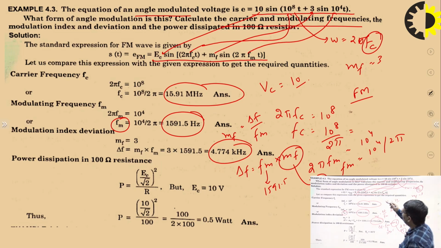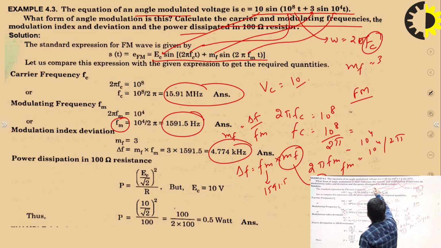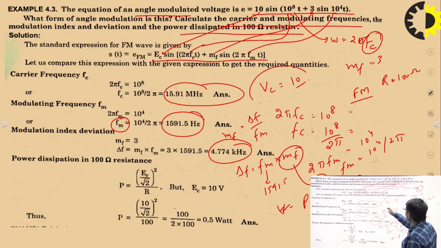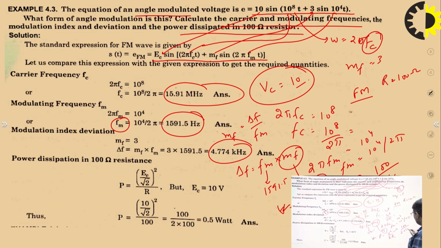So again, in the end, what we have to calculate is the power dissipated across the 100 ohm resistance. R is given as 100 ohm. We know that average power P equals V square by 2 into R. This V magnitude is 10, so it is 100 divided by 2 into R, which is again 100.